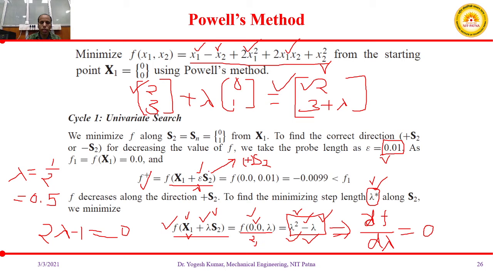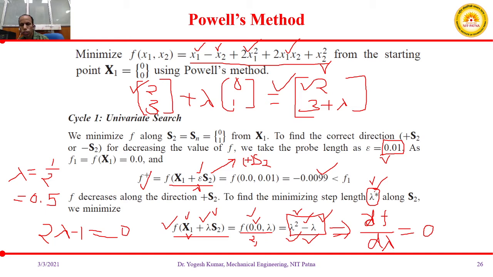So we found that in the search direction S2, in the positive side, your function is getting minimized, and after that you are trying to find out up to what step you should move in order to get the minimum of the given function in that particular direction.